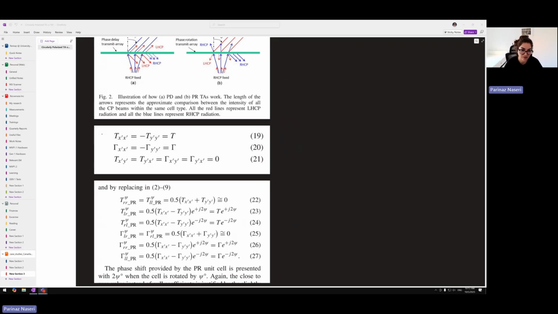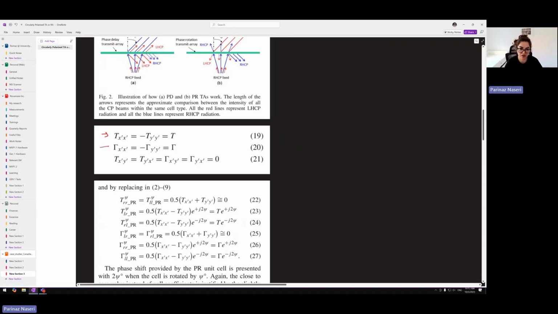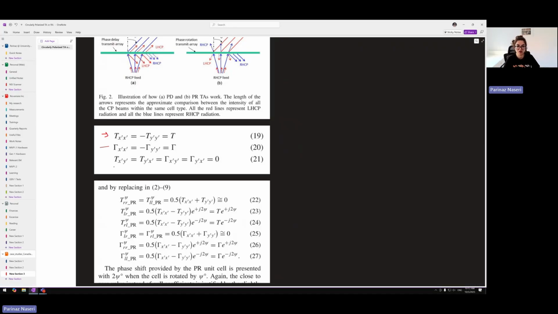When that happens in transmission coefficient, naturally you would have the same in reflection coefficient as well. But also you have the cross ones 0. So let's say you found a unit cell that complies with this, or you designed one that complies with this. X and Y equal amplitude, but 180-degree phase difference, and cross poles are 0.